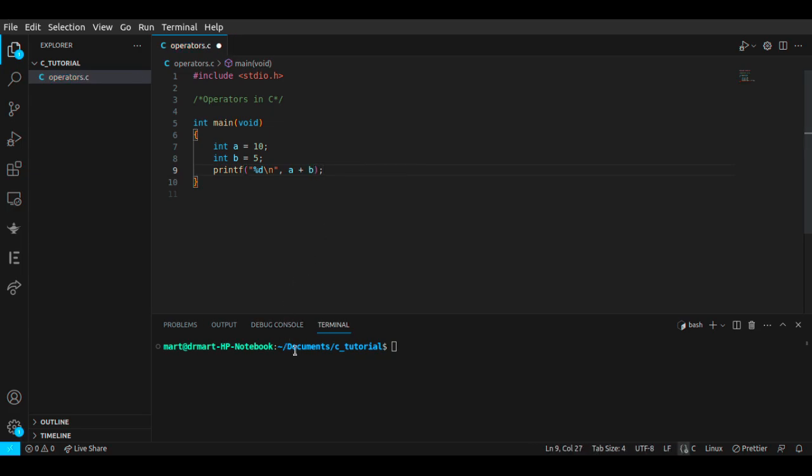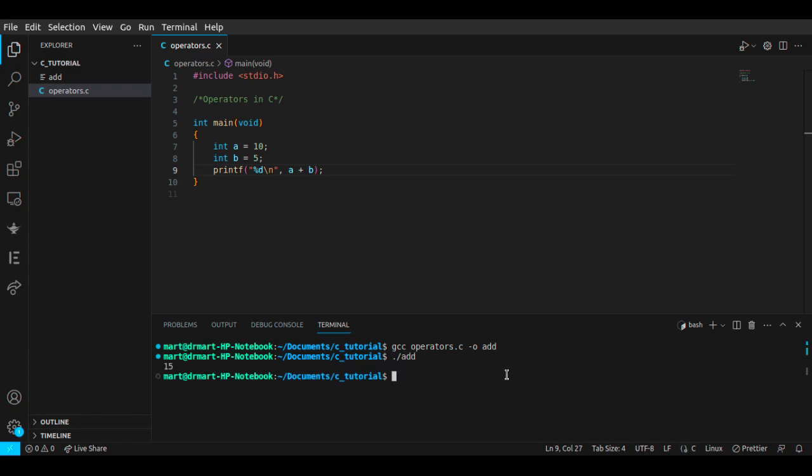Of course, you expect 10 plus 5 to be equal to 15. So let's compile with gcc operators.c, and then we output it to add. By the time I run add, you see we get 15.